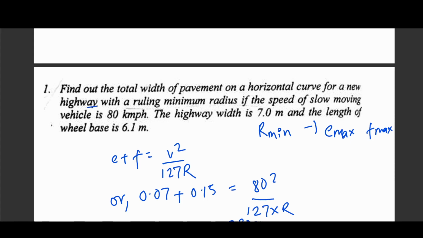For a highway, the number of lanes is always considered as 2. The highway width is 7 meter, and if the wheelbase is not given, then we assume it as 6 to 6.1 meter.